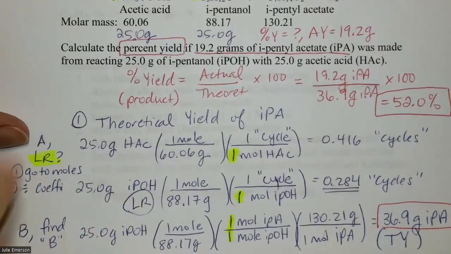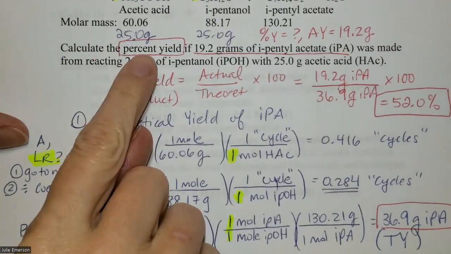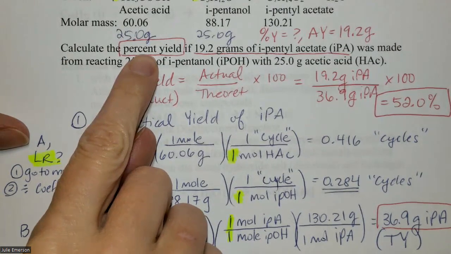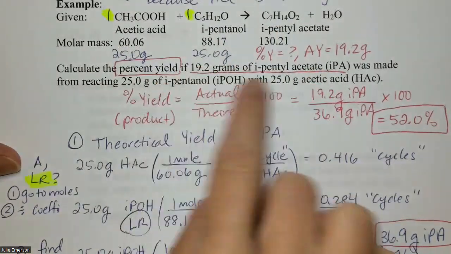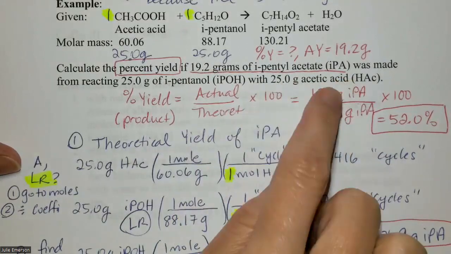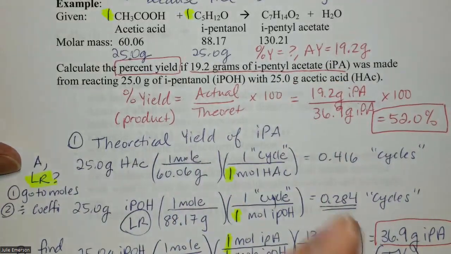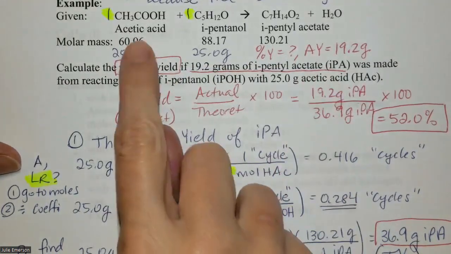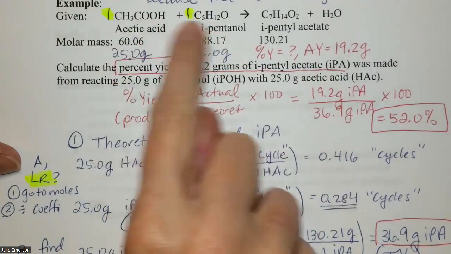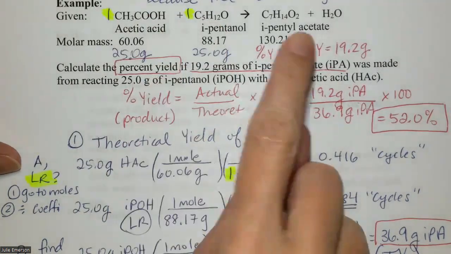A couple of things to take away from this. Number one, if you're ever asked for the percent yield, it will always be for a product, something on the product side. So when you're given all of these values and maybe you're not sure what you're looking for, it's going to be the product. Acetic acid and isopentanol are reactants. A yield means produced.